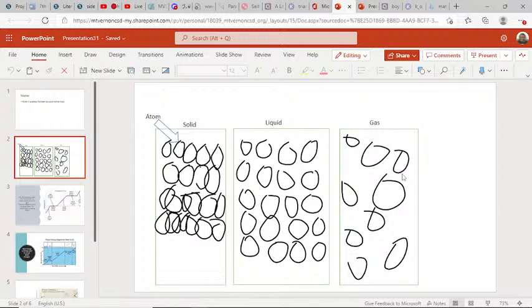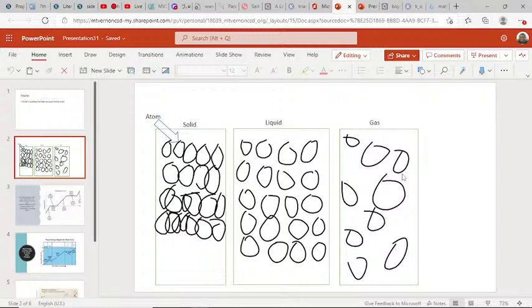It's kind of like, let's say you're driving in a NASCAR race. You're not really trying to hit a person's car when you're trying to get past them. You're just gonna try to drive past them. That's basically what the particles in the gas are doing.